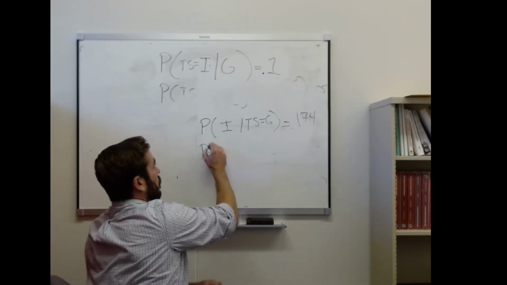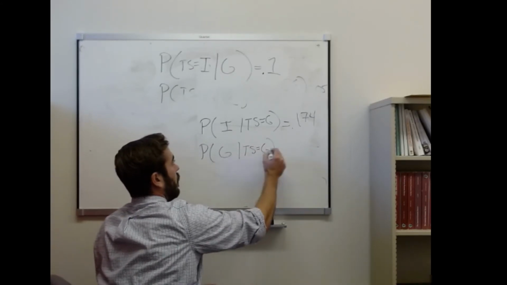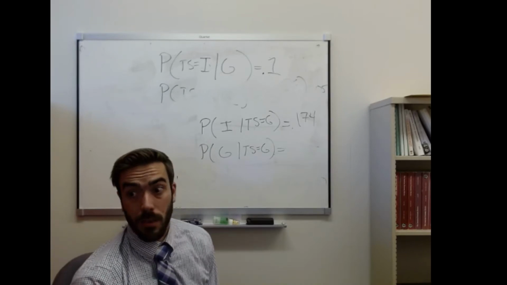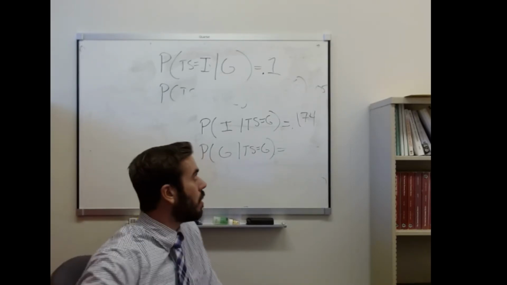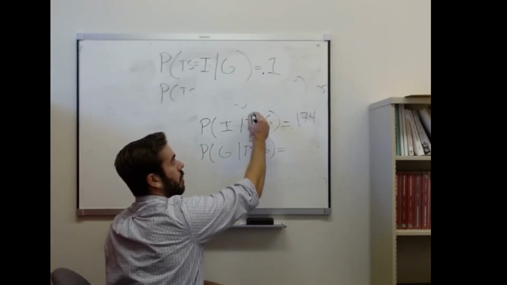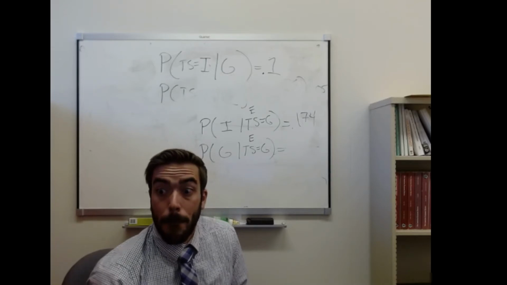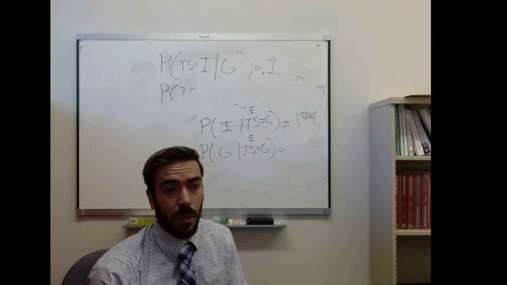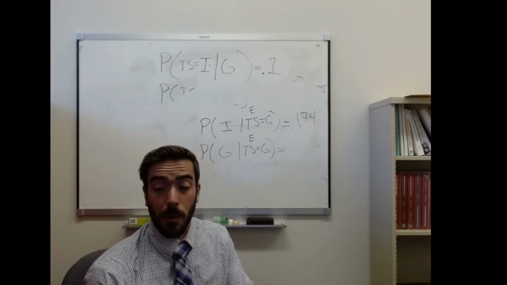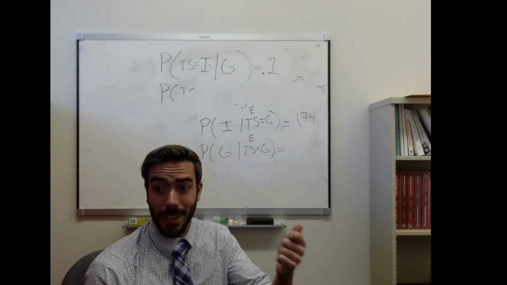What if I wanted the probability that, given the truth theorem makes them say they're guilty, they actually are guilty? Notice it's similar to when we condition on the same state of nature, except now we've conditioned on the same outcome of the test. If this person said they're guilty because of the truth theorem, the probability they're actually innocent is 0.174. Well, the only other thing they could be other than innocent is guilty.